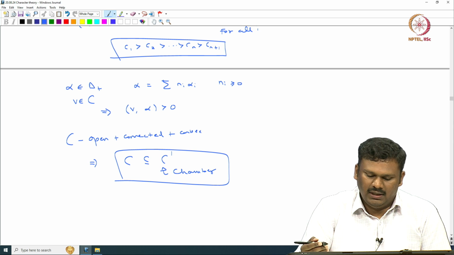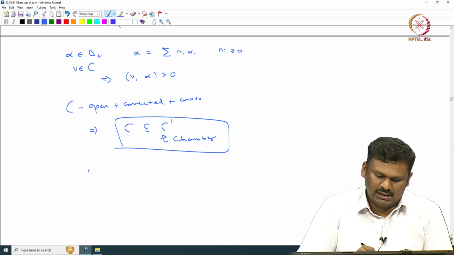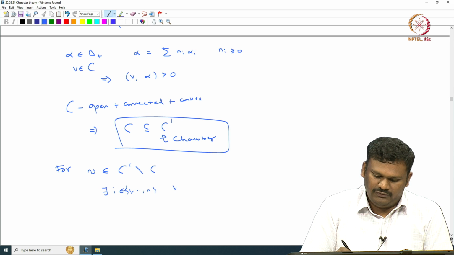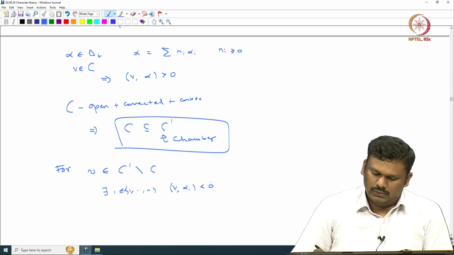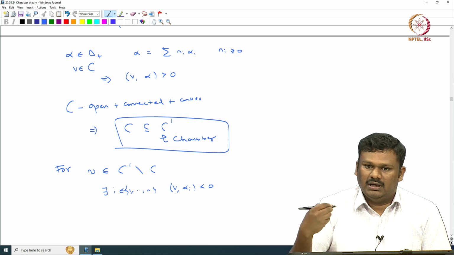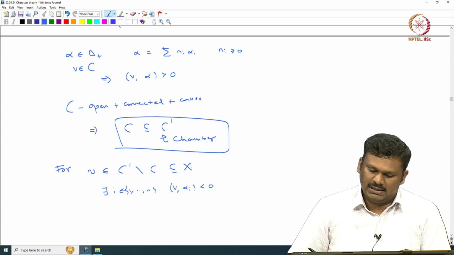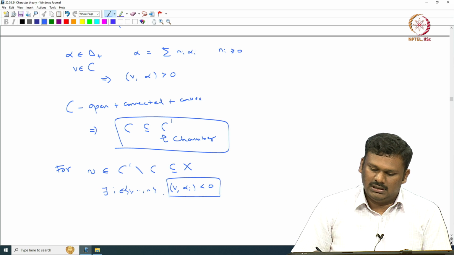But suppose you have anything bigger than this C, let us say some vector you take from C dash minus C. Then it is clear that for this vector there exists i from 1 to n such that (v, alpha_i) must be less than 0, because (v, alpha_i) cannot be equal to 0, otherwise it would lie in the hyperplane, but we are working in the complement, because this is all happening inside X. So, this (v, alpha_i) must be less than 0.